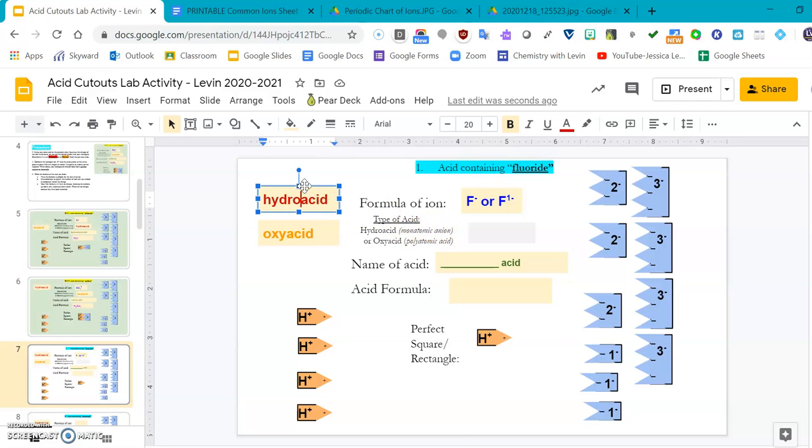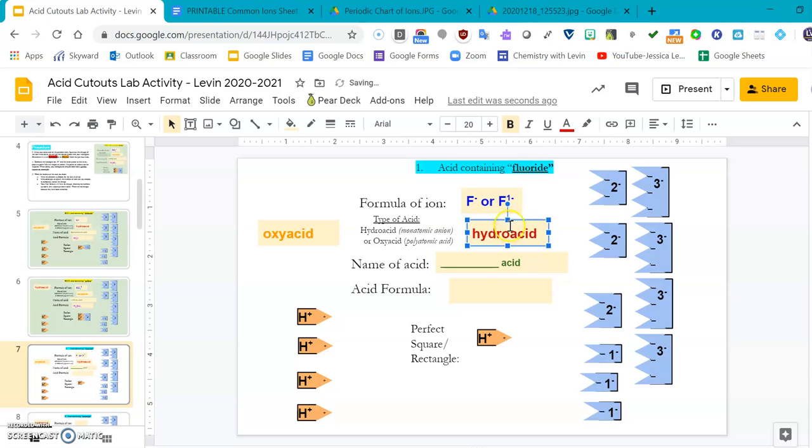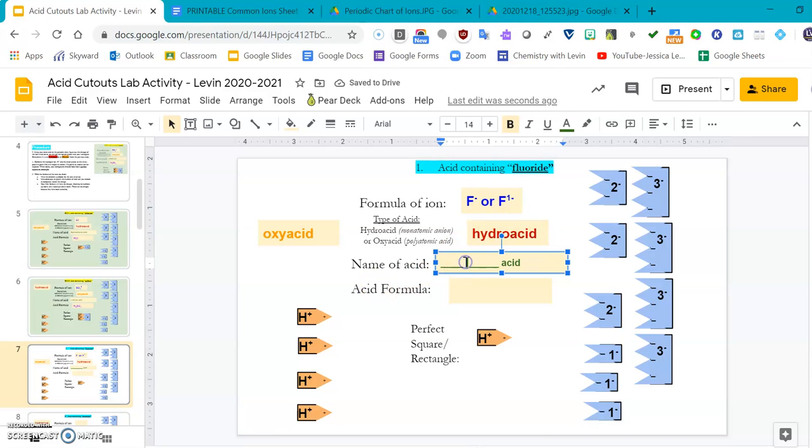It is a hydroacid. Wait for this to have the little crosshairs with a little arrow cross, and then you can click on this actual thing right here. If it's a hydroacid, it is hydrofluoric acid. All right, so I have an H plus. Fluorine is a 1 minus.